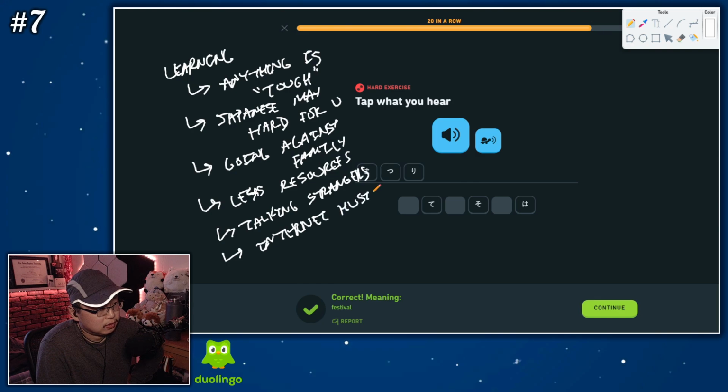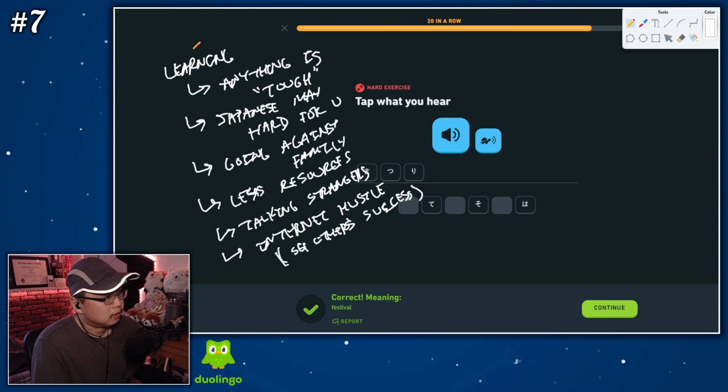And this needs a little bit of elaboration. When you go on the internet, you see others' success. That's the internet hustle culture. It's actually very tough seeing that. So let me elaborate, sorry. Learning Japanese. What's a great argument for learning Japanese in your position, in my opinion? It is tough for all these things.